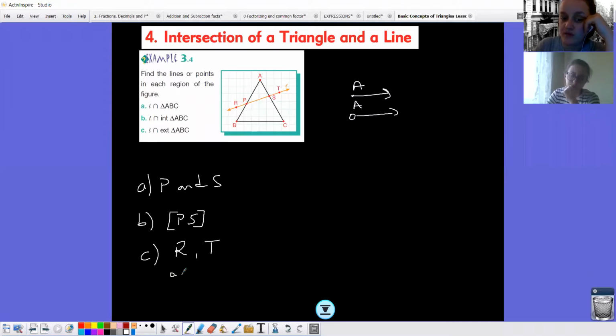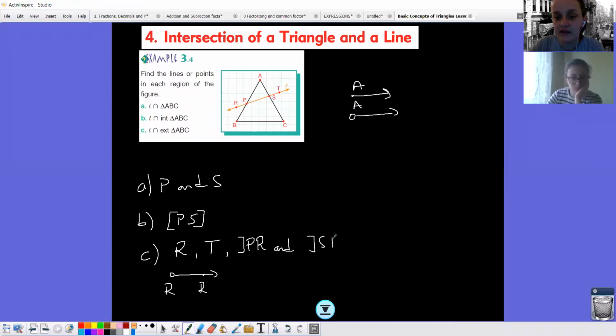So it will be the ray PR, let's say. And how will I show this one, because it is open like this, PR and ST. ST. Again, it's open because S is on the triangle in A, okay?